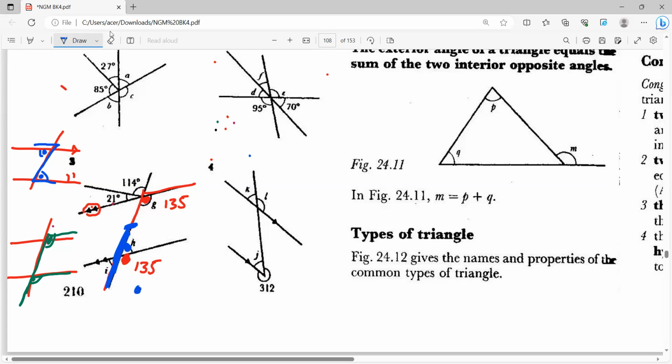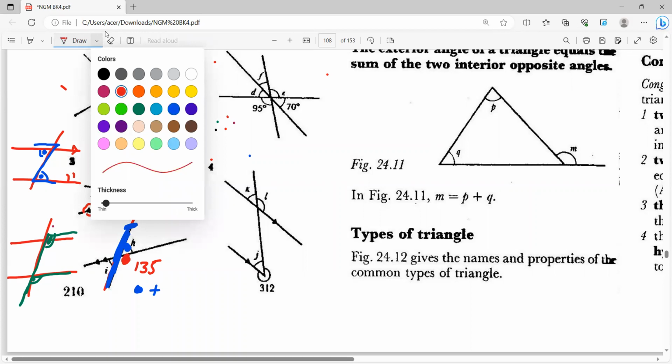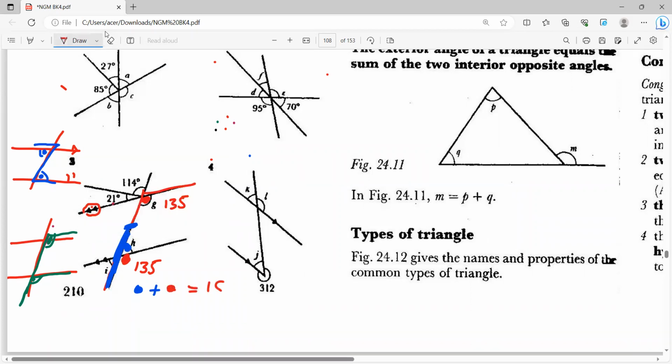So blue plus red equals 180. Blue is H plus red, which is 135, should give you 180. So our H is 180 minus 135. And let's see what we can get. 180 minus 135, we're going to get 45 degrees.